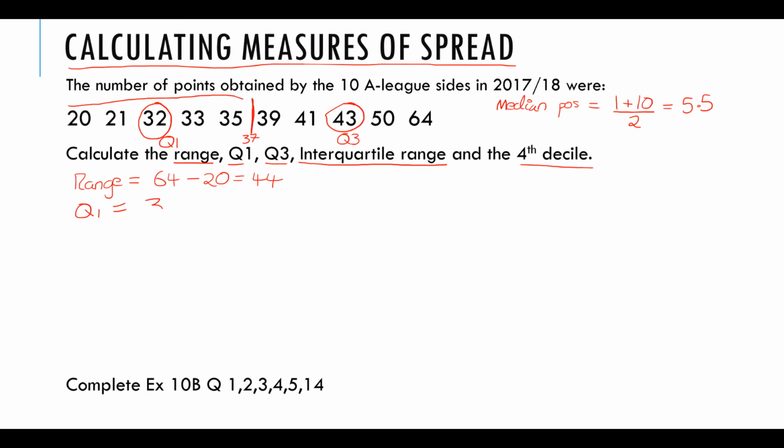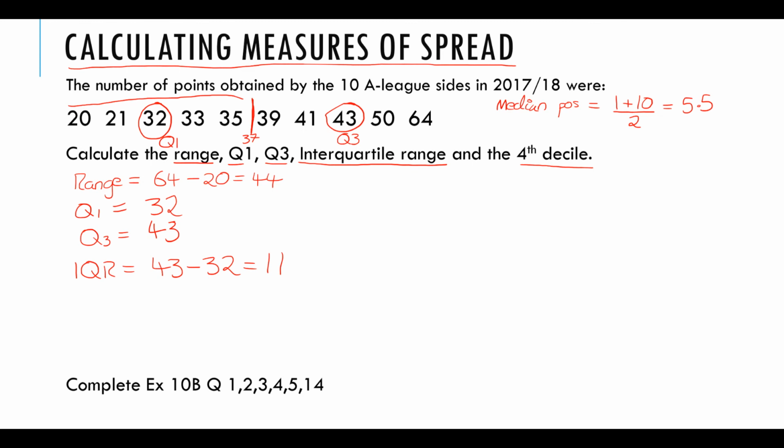So Q1 is 32, Q3 is 43, which means that the interquartile range, which I will shorten to IQR, is the upper quartile, take away the lower quartile, which gives us 11.